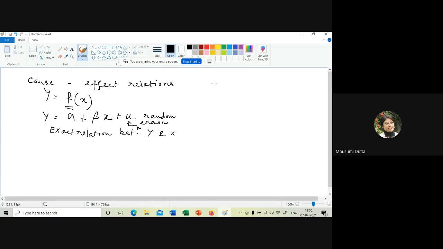Theory is telling that the graph will be like this. However, when you are considering reality, you are not getting this kind of graph, rather you are getting this kind of scatter of observations. These are all observations.